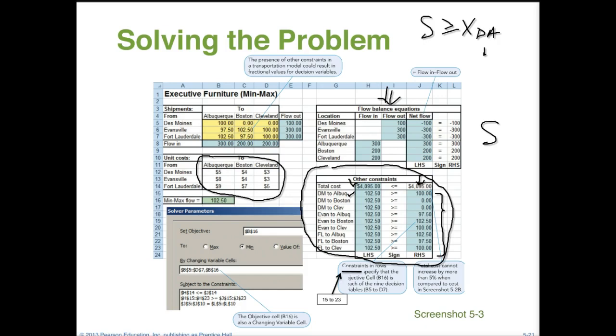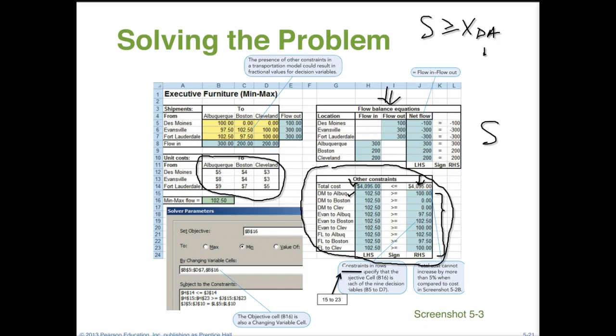And so you're saying, theoretically speaking here, if we could ship 102.5 from all factories and make it go to all destination locations, then we would be minimizing the maximum amount that we can ship to all those places.